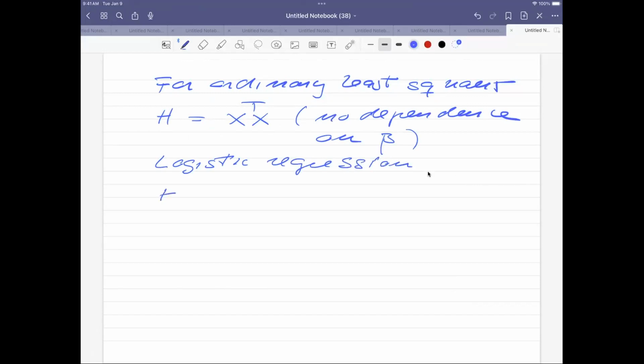Because in logistic regression, this matrix is given by X times this matrix W and X, where you have an implicit dependence on beta.